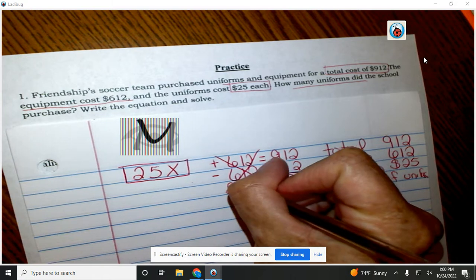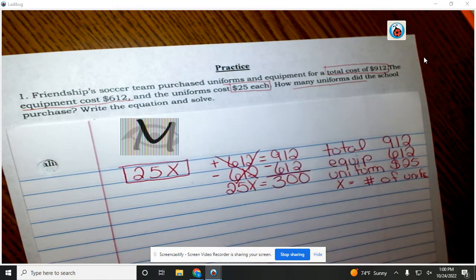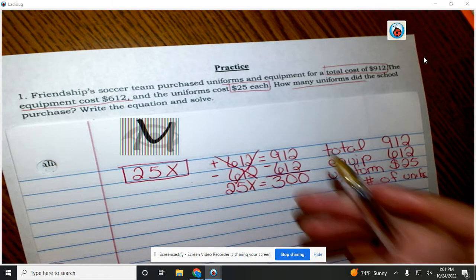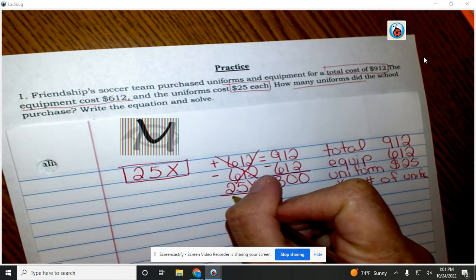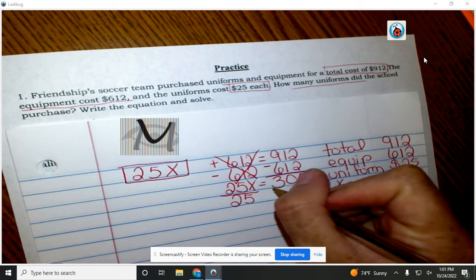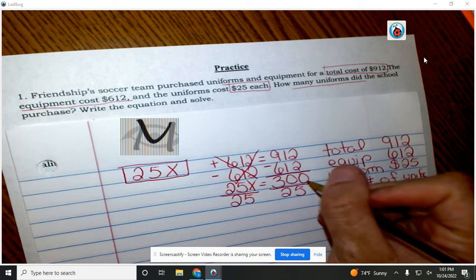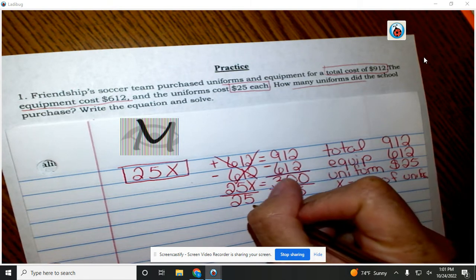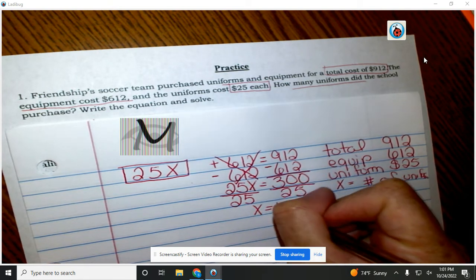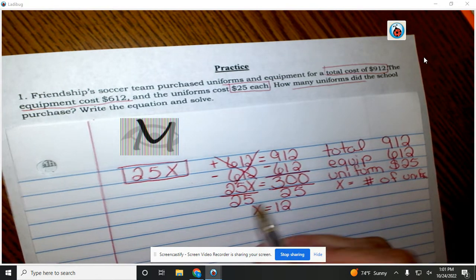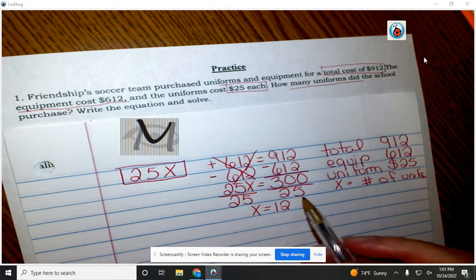So I take 25x and make that equal to $300. So we multiply 25, the cost of the uniform, times the amount, and it is going to equal 300. To do the opposite of multiplication, we're going to divide each side by $25. So 300 divided by 25 leaves us x equals 12. So I can afford 12 uniforms with the amount here.